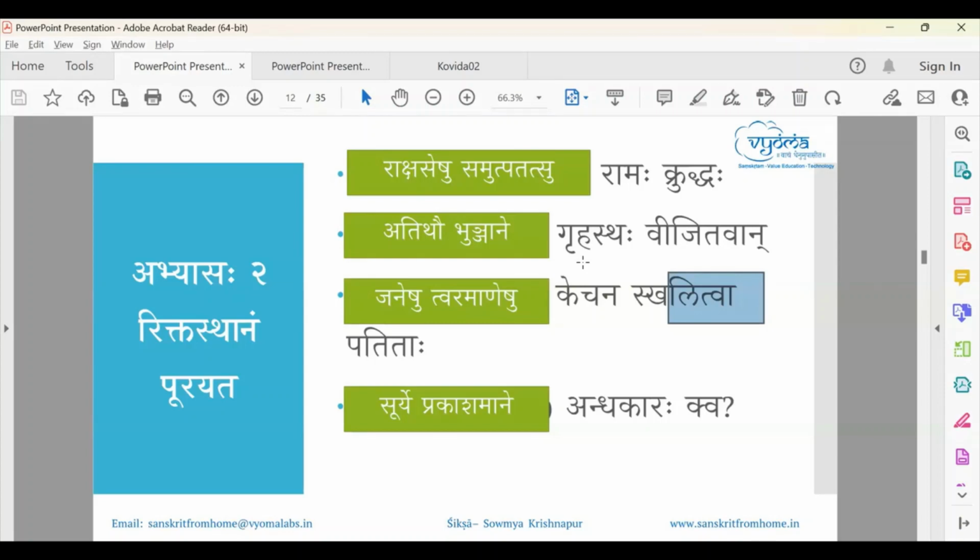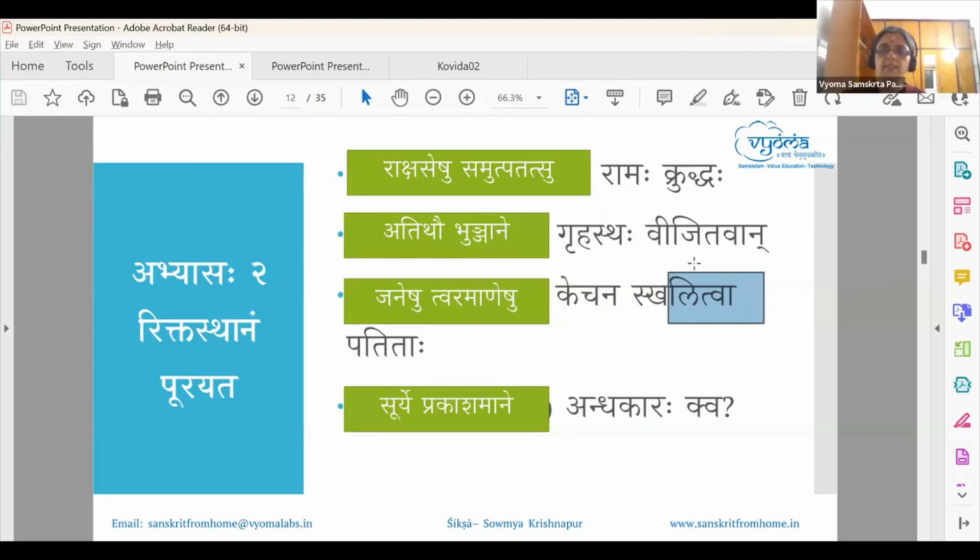He was satisfied. No, Vijitavan is from Vijayati, to fan. He was sitting next to him and he was fanning. Okay, so Athitau Bhunjane Grihastha Vijitavan. He was fanning when the guest was eating. Okay.